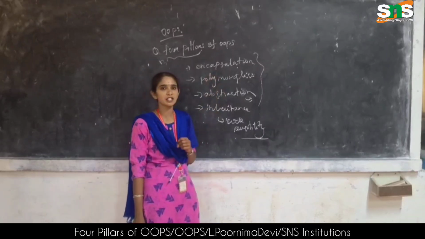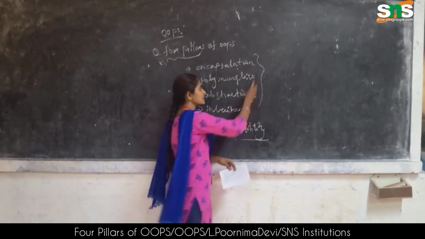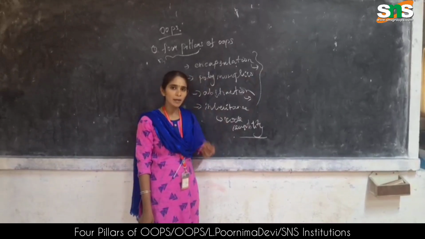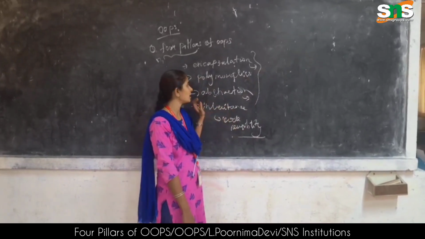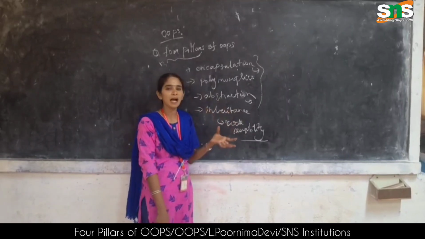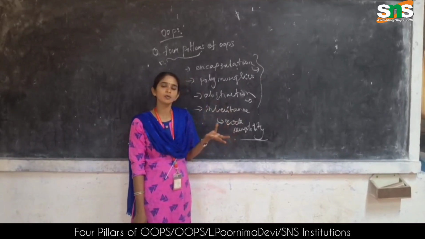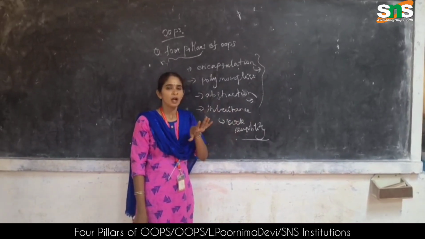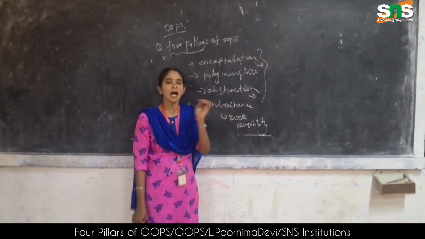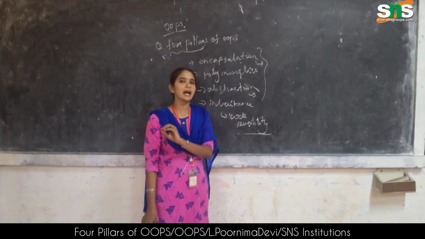And encapsulation. Encapsulation is nothing but using both the attributes and methods inside the class. At some times we avoid some attributes. We just define our methods, give a definition for the particular method, and call that method in our main class.